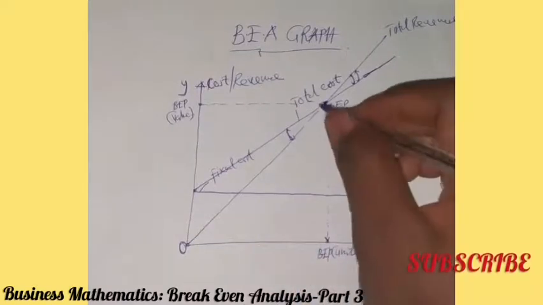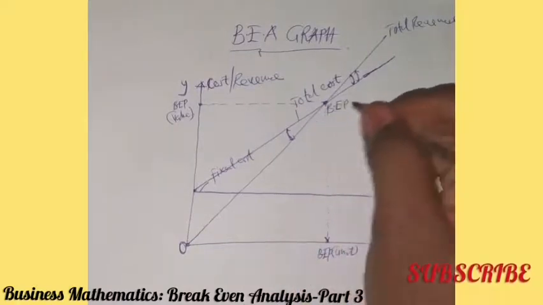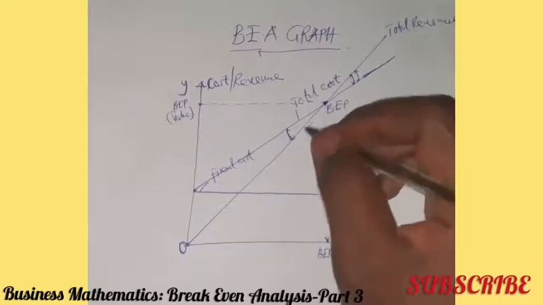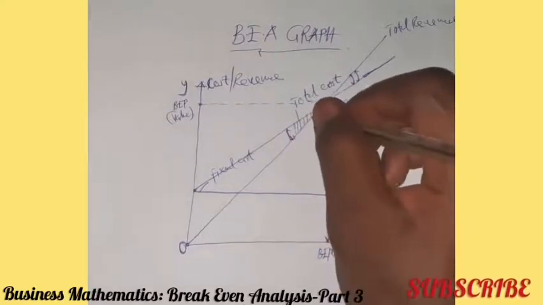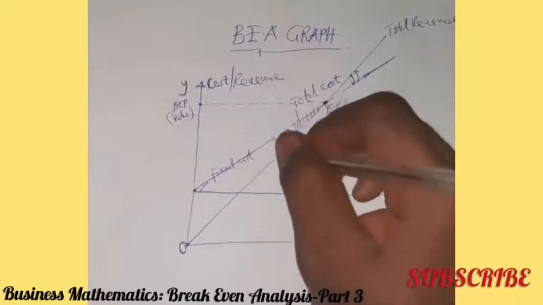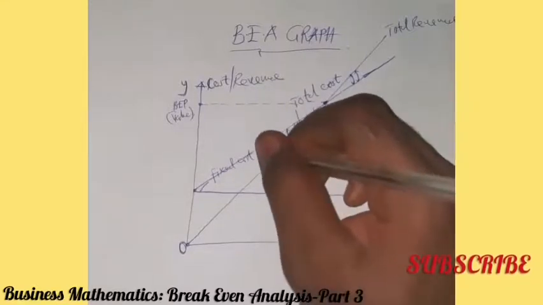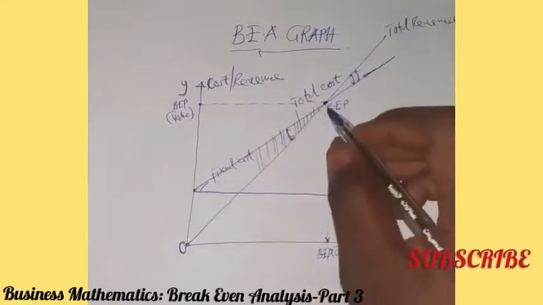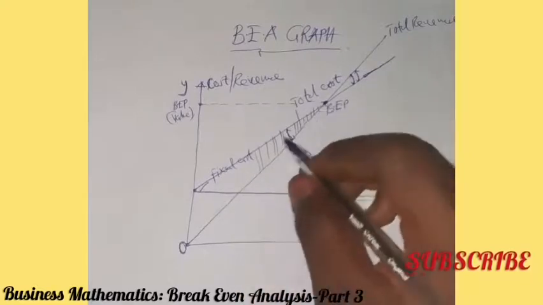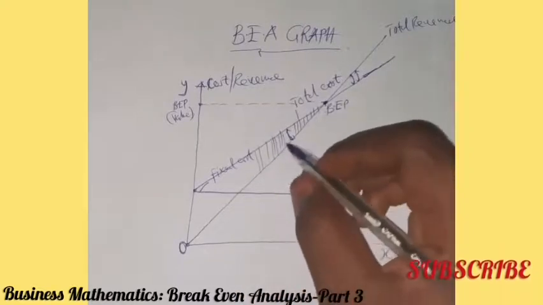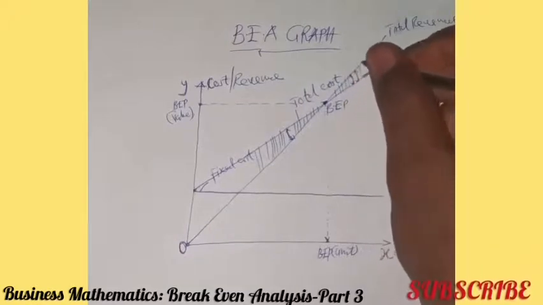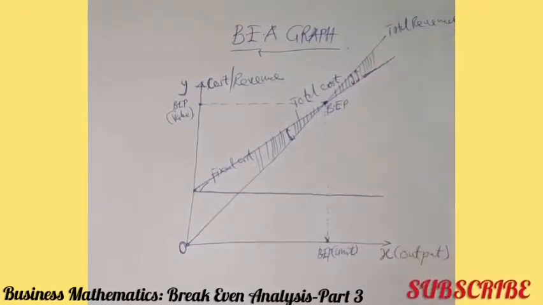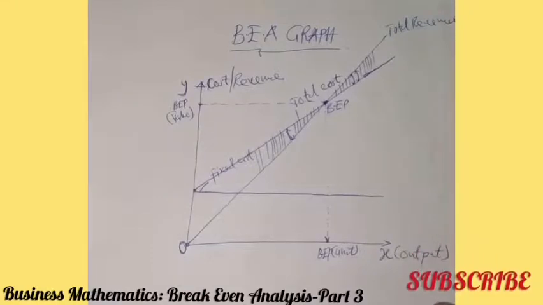The angle that is formed below the break-even point is what we call the loss area or the loss corridor. If you produce below the break-even point, you are in the loss area or loss corridor. But if you produce above this level, we call it your profit corridor or your profit area.